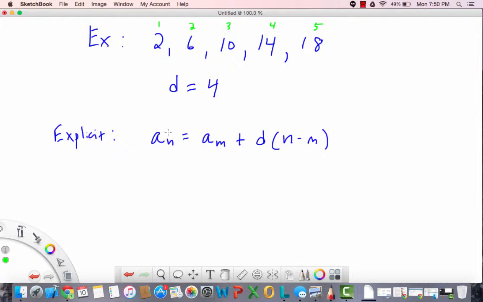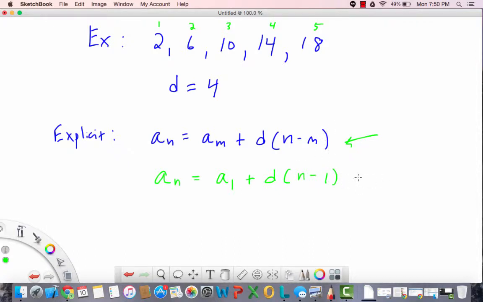Now, I just want to mention, this is very important. Your teacher may really focus on a variant of this formula, which is this one in green. Now, what your teacher is doing is they're replacing m with 1.